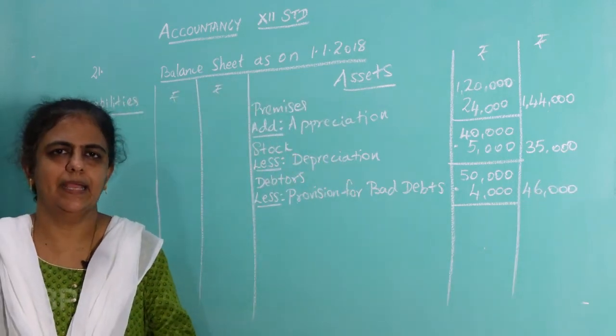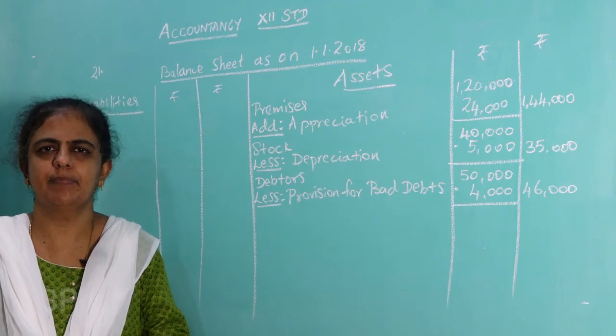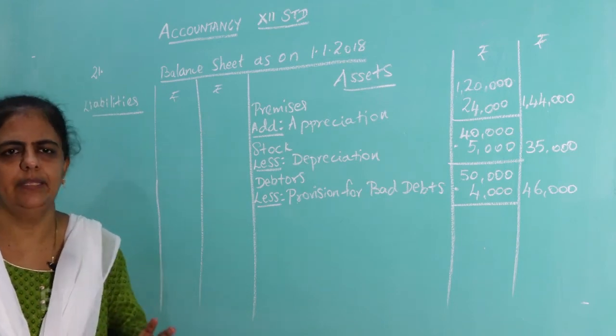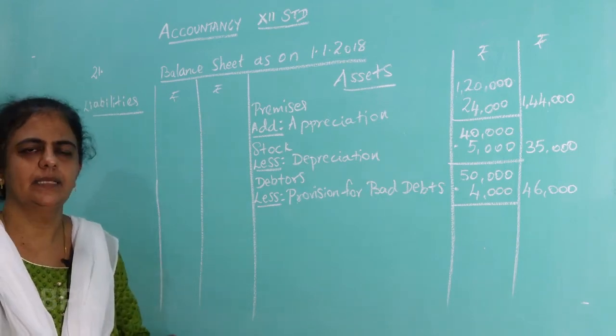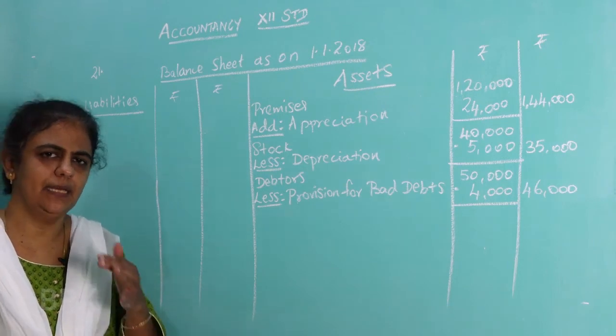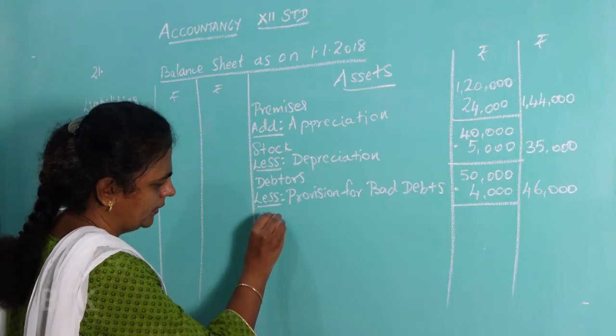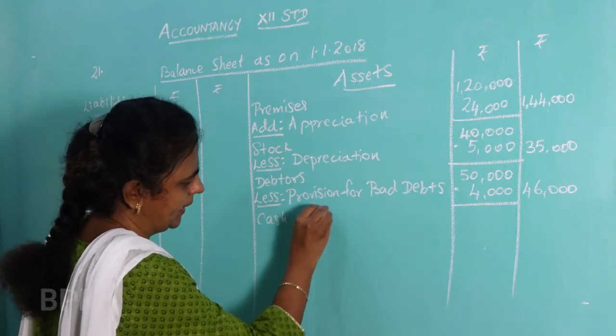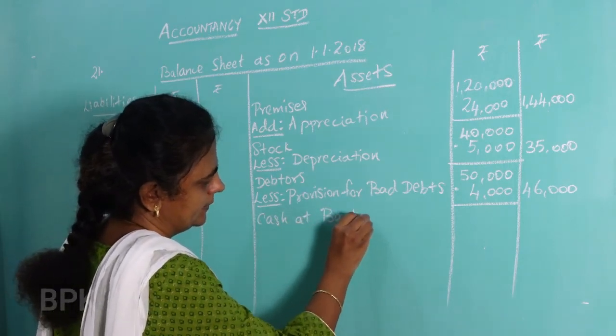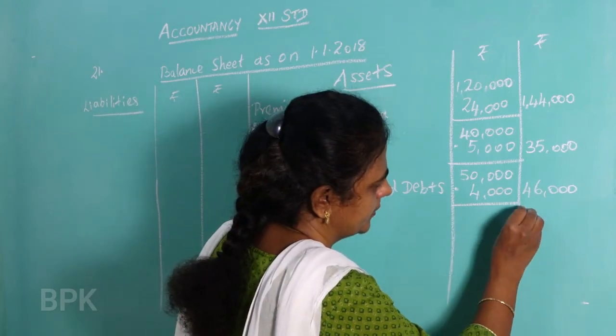Next cash at bank 18,000. The deceased partner is not paid, so we are having that money. If he or she is paid, then it will be reduced, but here it is not paid. So cash at bank 18,000.